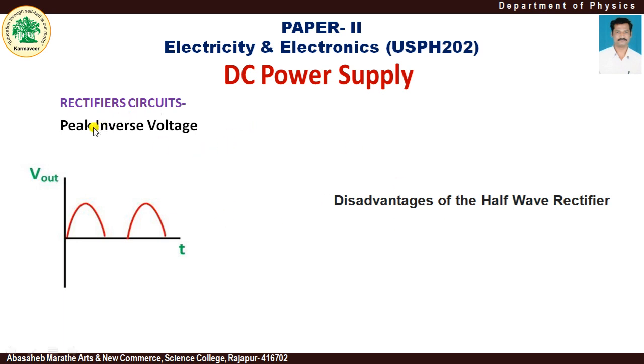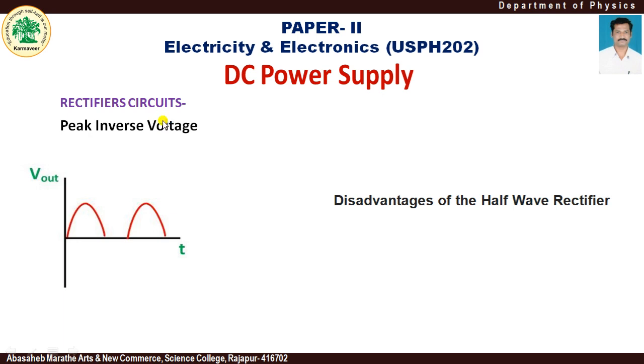Now the concept of the peak inverse voltage. Let us talk about the peak inverse voltage, in short PIV, of the half wave rectifier. It is defined as the maximum reverse voltage that can be applied across the diode without damaging it.